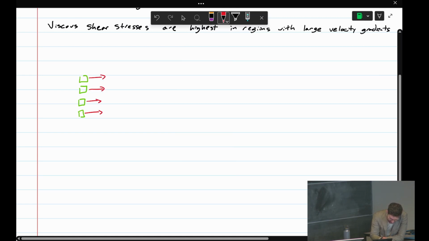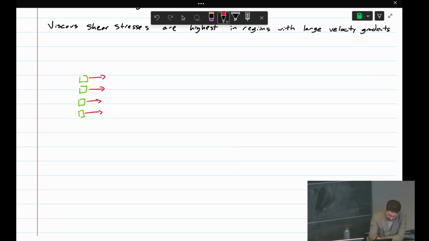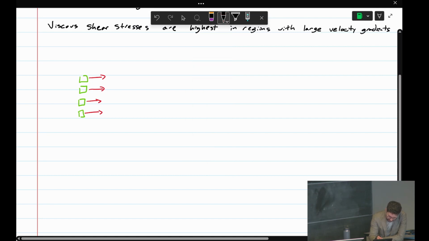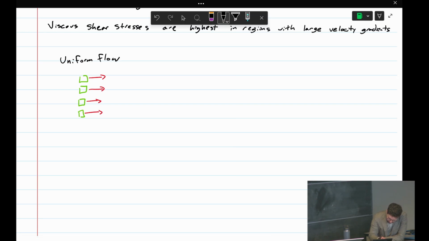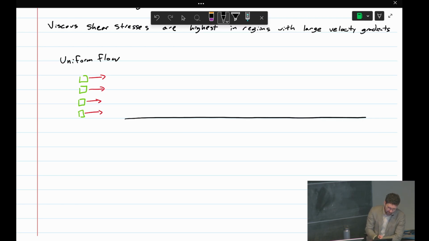So this is called, say, a uniform flow. That uniform flow is going to be introduced to a wall here that's parallel with the flow.